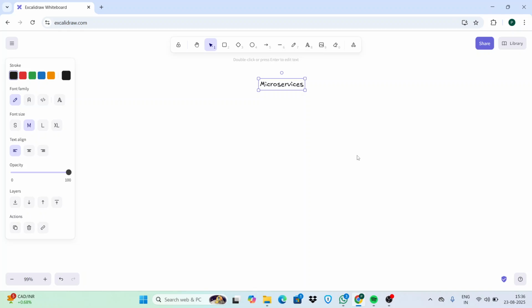In microservices, the whole project or whole system is broken down into a number of services, which we can call microservices if they fulfill the nine principles of microservices.